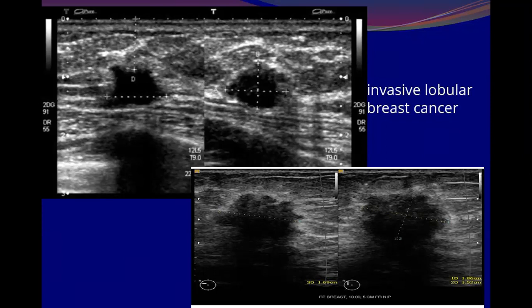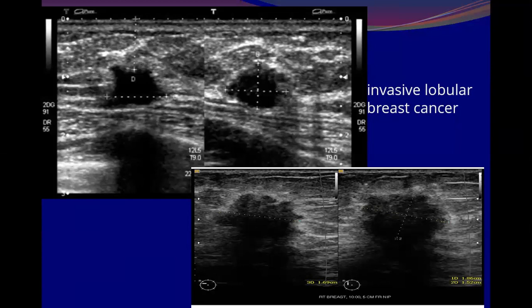Yes, it's invasive cancer, but it appears as a cyst. But if you look, the internal echoes are being under-looked because it is a high contrast image. It is black and white.